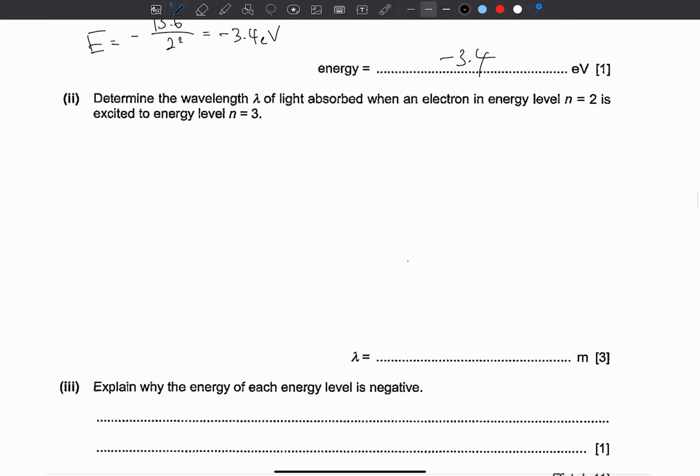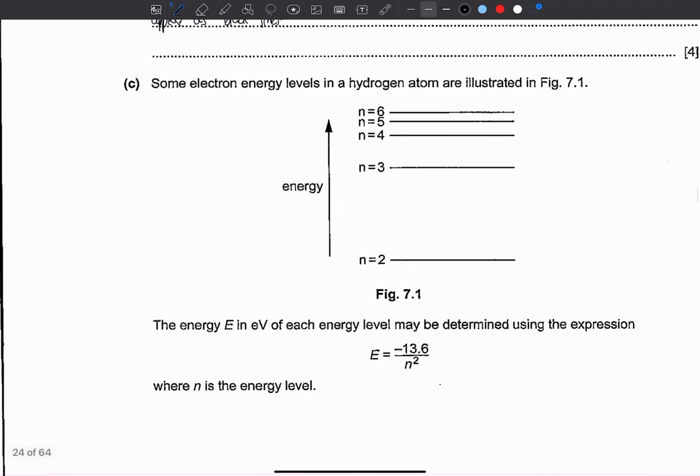Okay. Determine the wavelength of light absorbed when an electron in energy level 2 is excited to energy level 3. Okay. From 2 to 3. So the electron is initially here, then it's excited to energy level 3. So energy level 3 has higher energy level.